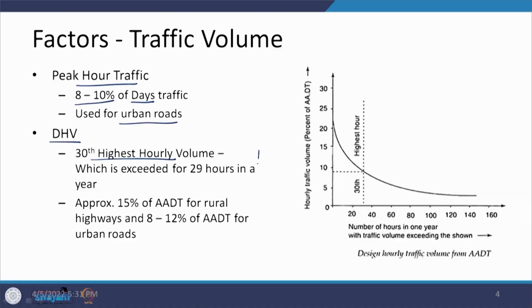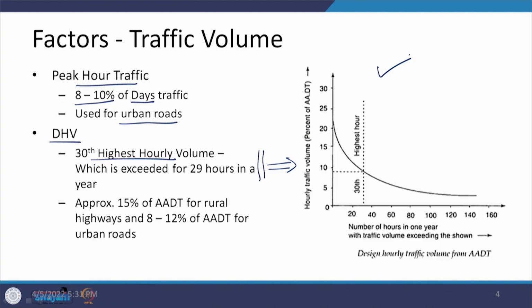So what we are going to do is collect the traffic data for 24 hours in a day and continuously for 365 days in a year, and then arrange them in descending order from the highest to the lowest and see how many times one particular volume is exceeded in a year.